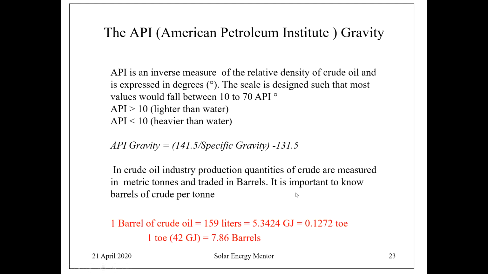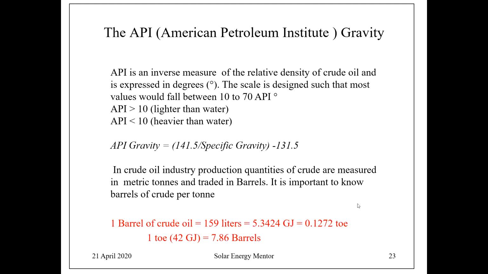In the crude oil industry, production quantities of crude are measured in metric tons, but crude is traded in barrels. So it is important to know barrels of crude per ton. One barrel of crude oil contains 159 liters, which is 5.34 gigajoules, where 1 gigajoule is 10 raised to 9 joules.